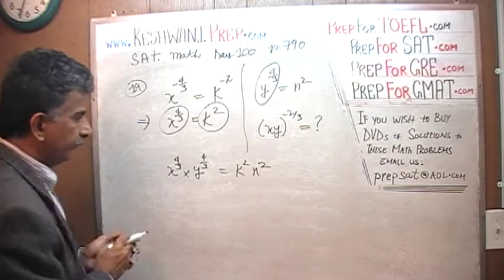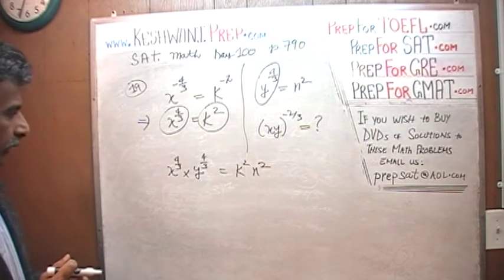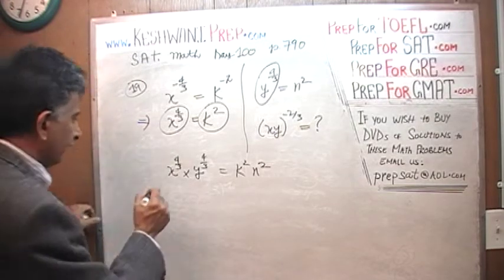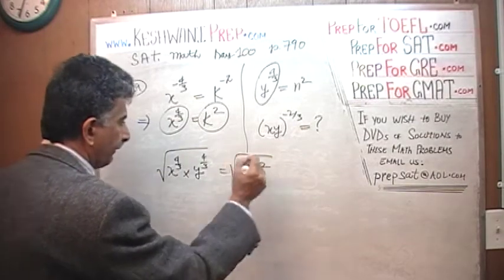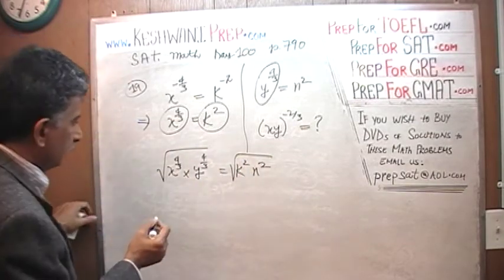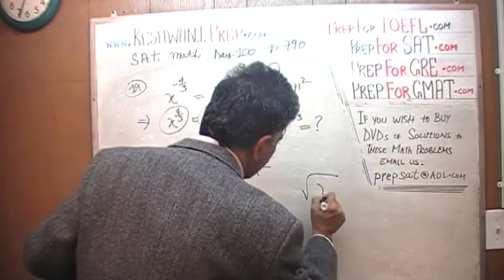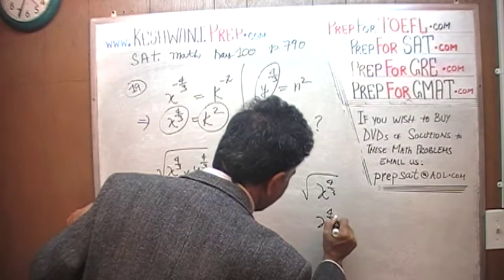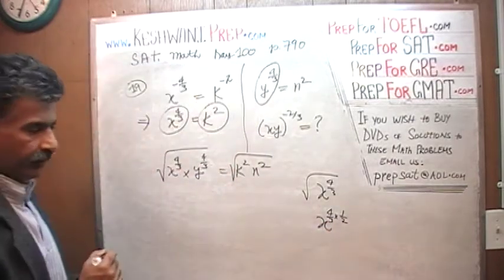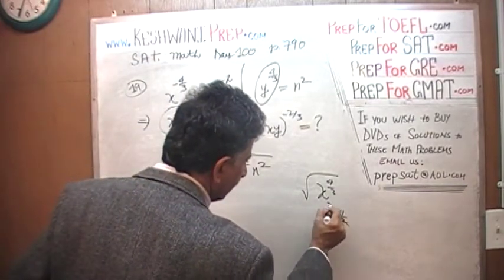Okay, let's keep on going. Let's take the square root of both sides. So here, the square root of x to the 4/3 is the same as x raised to 4/3 times 1/2. And 4 is going to cancel out with the 2 and we end up with 2/3.